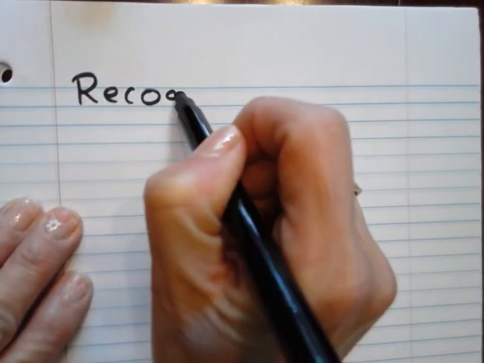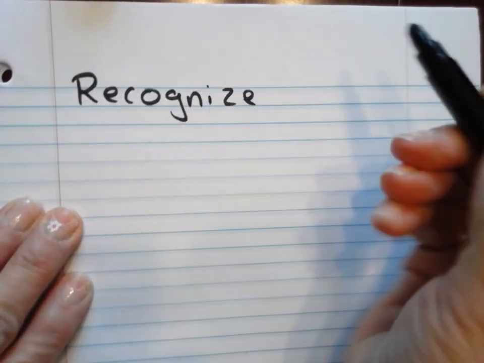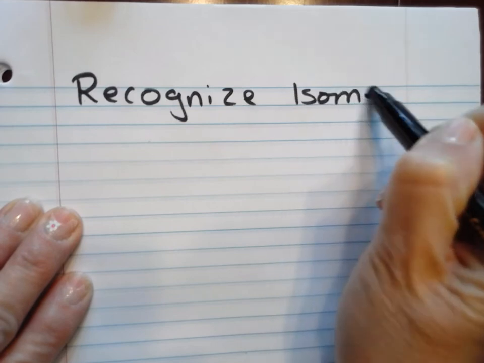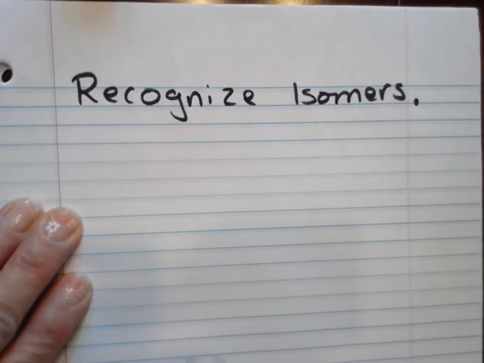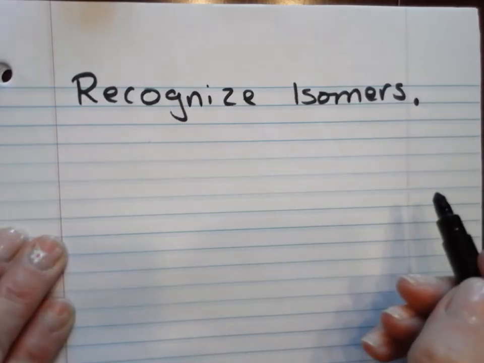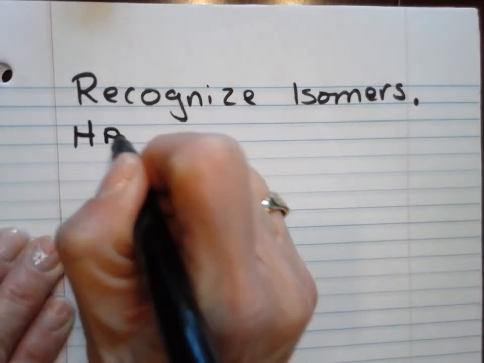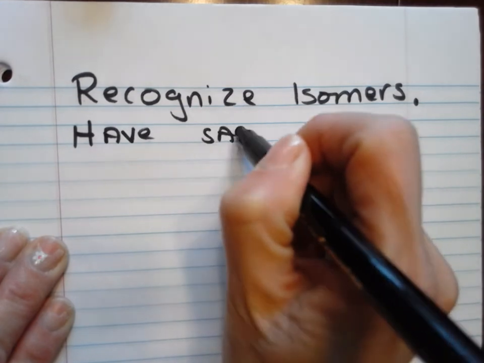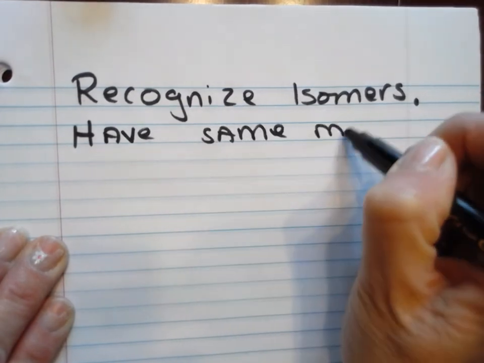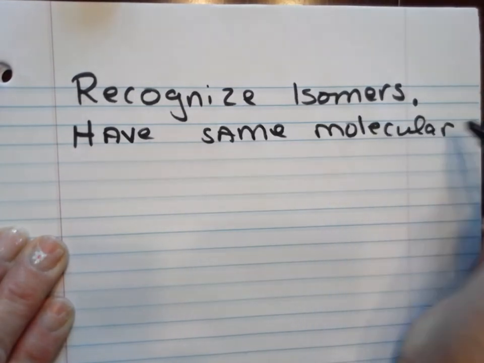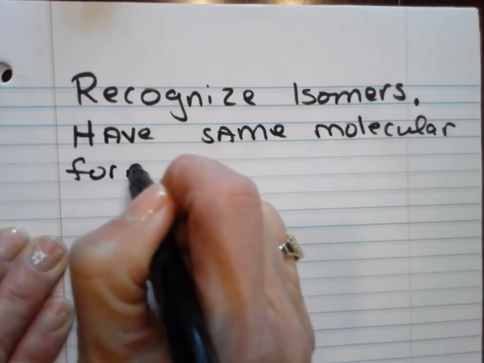Now, another important thing is to be able to recognize isomers. The trick in recognizing your isomers is that they have the same molecular formula, but different structures.